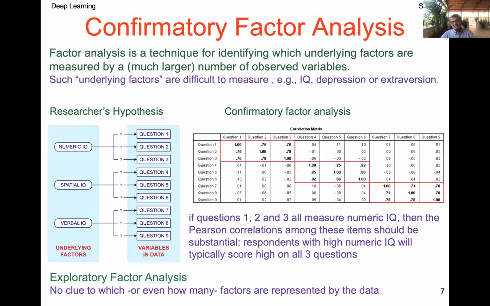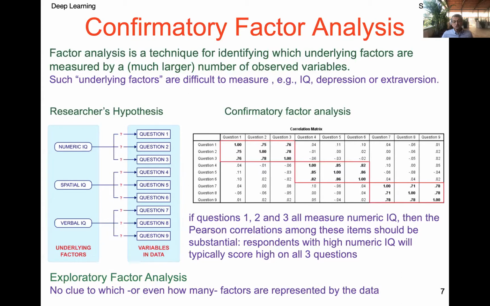Anyway, let's go to this other topic, which is again, we relate all these things together. So confirmatory factor analysis is where a researcher has a hypothesis and wants to confirm that hypothesis. So he uses factor analysis. It's a technique for identifying which underlying factors are measured by a much larger number of observed variables.